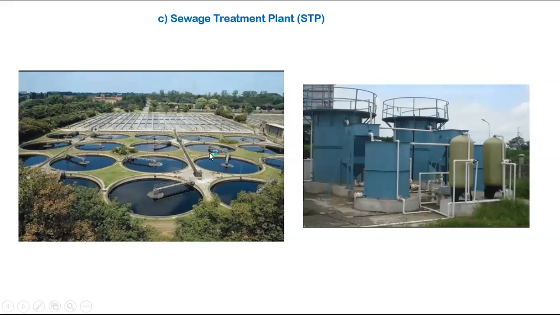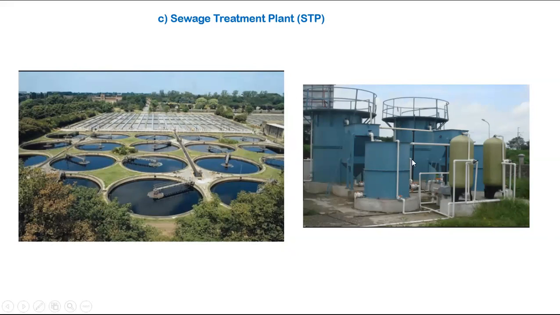Some 100 million liter, 200 million liter capacity, they have arranged like this. On the right side is a small arrangement of a sewage treatment tank. This is an above ground tank. The left side is the large arrangement, underground tanks.